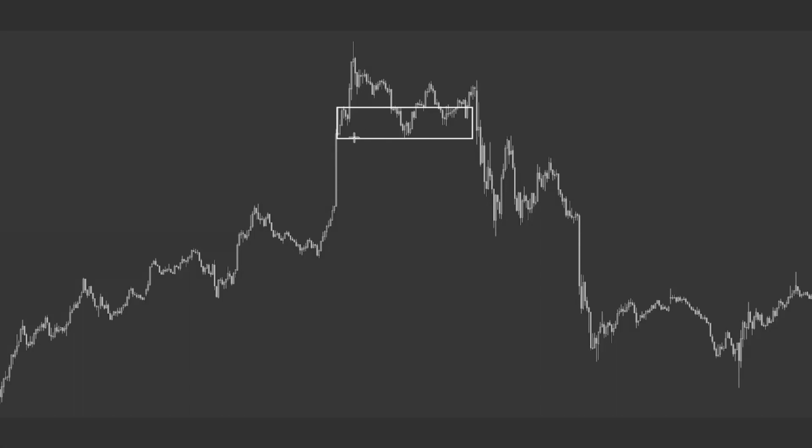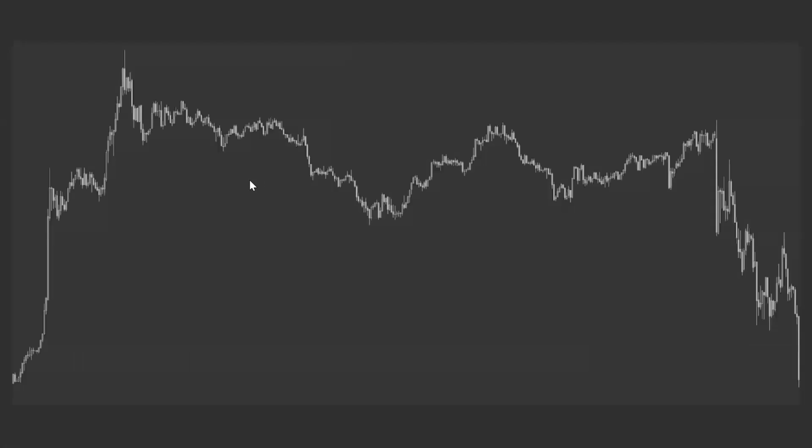But if I zoom in on this structure on an even lower time frame, this is the M1 chart, I think the same structure appears again up in here.